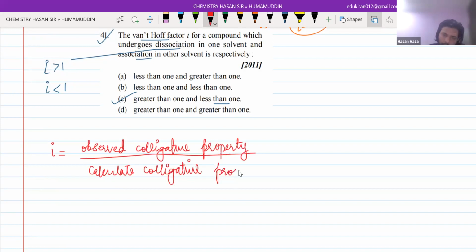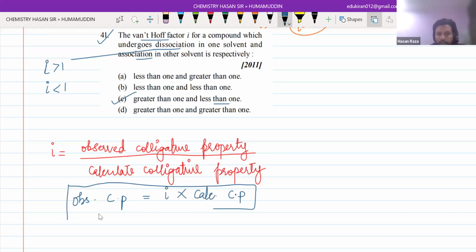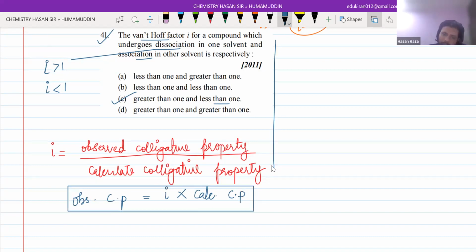That means the observed colligative property will be equal to i into the calculated colligative property. So for the four colligative properties we studied, the formula changes slightly, only i will be multiplied.